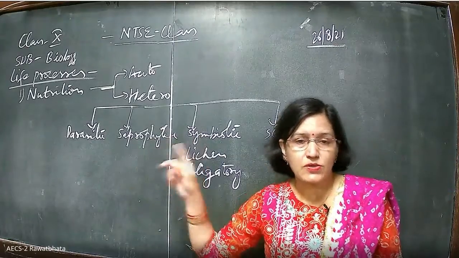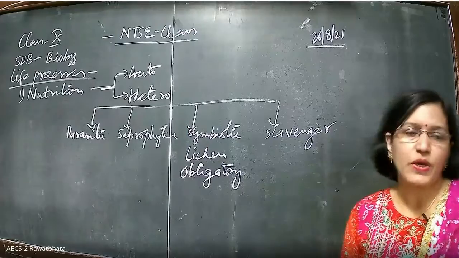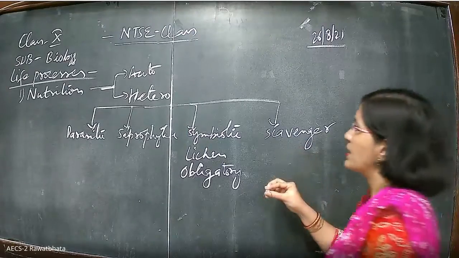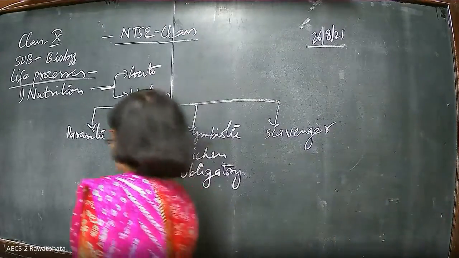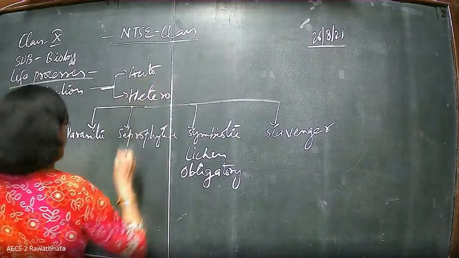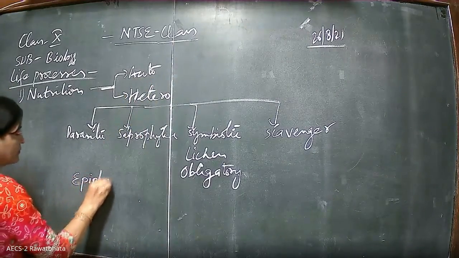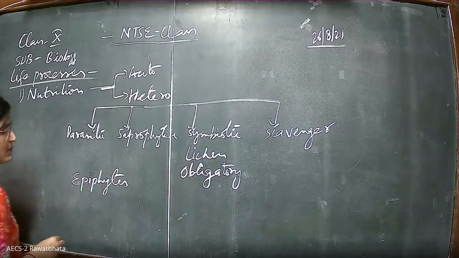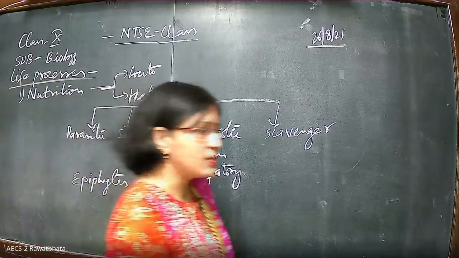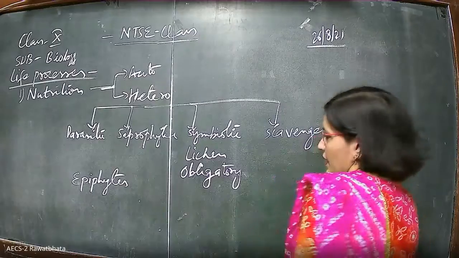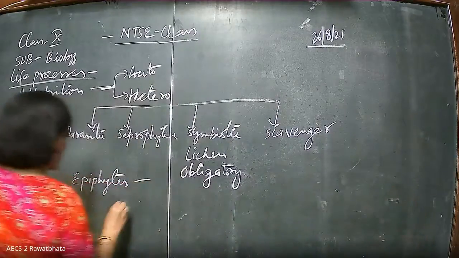So in case of these, and one more term very, very important that falls in this category only, wherein we are supposed to understand, they are, of course, autotrophs. In autotrophs, one category is epiphytes. Epiphytes will be those plants, and the best example of epiphytes is orchids.